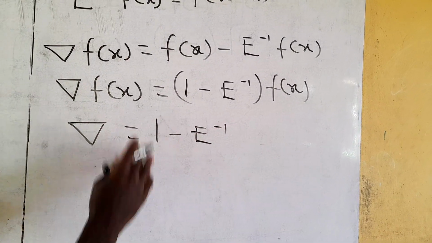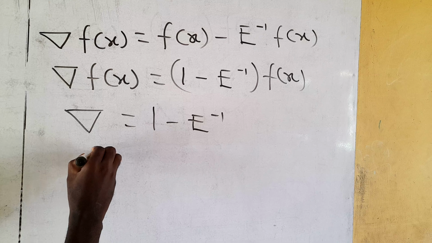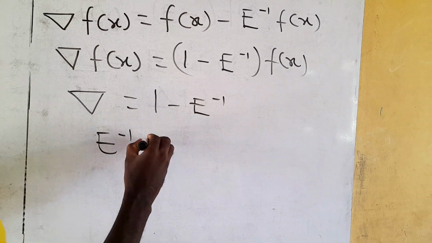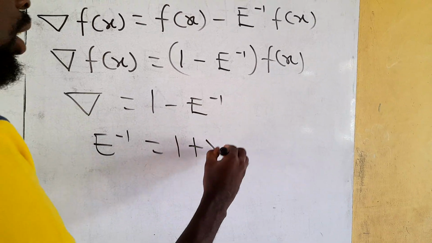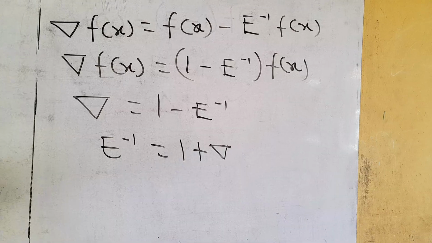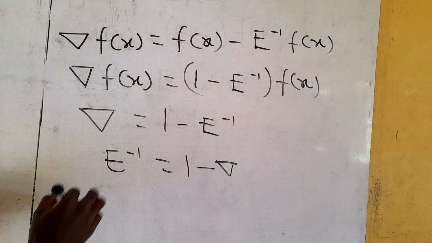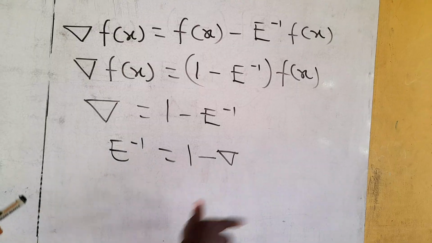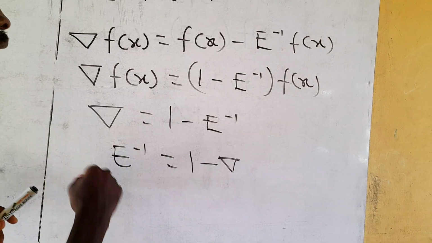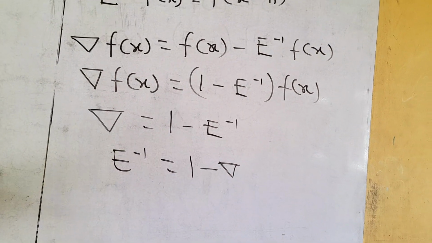So what we do, we can bring E exponent negative 1 here, equal to 1 plus nabla. So when nabla goes there, it will rather be minus. So E exponent negative 1 equals 1 minus nabla. We can find the exponent negative 1 of both sides.